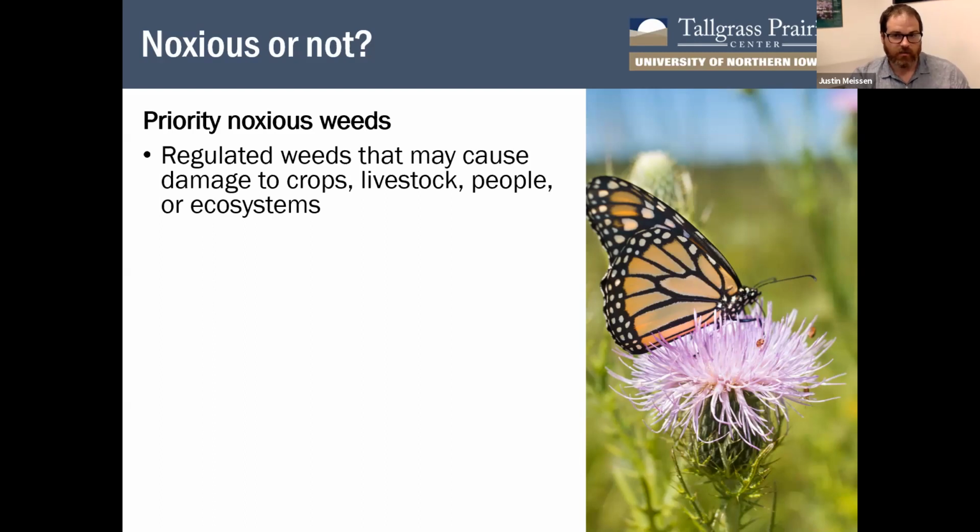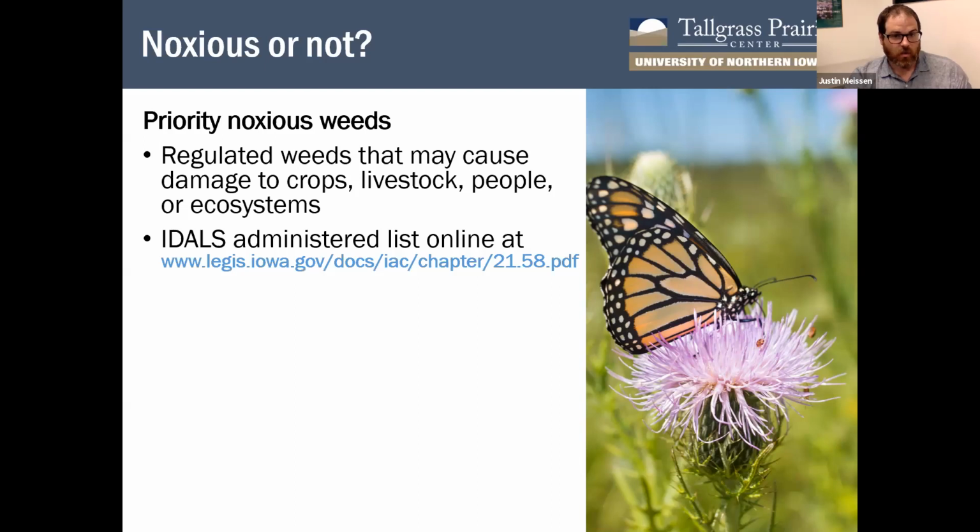In Iowa, we have a few classifications of noxious weeds, and we'll focus on the ones that the Iowa Department of Ag and Land Stewardship have deemed priority noxious weeds. These are weeds that the county weed commissioner might compel you to control if there is a significant infestation on your land. You can see the whole list on this link I have here.